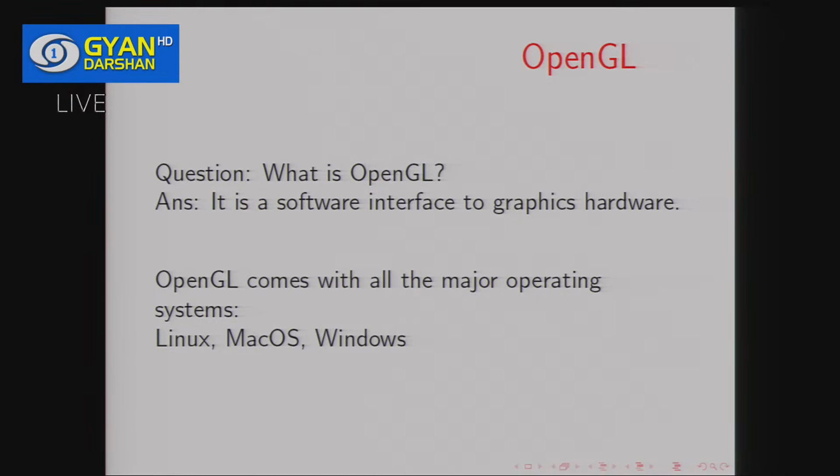Apart from the study material, you need to know some basics about OpenGL. So what exactly is OpenGL? It is actually just a software interface to the graphics hardware.